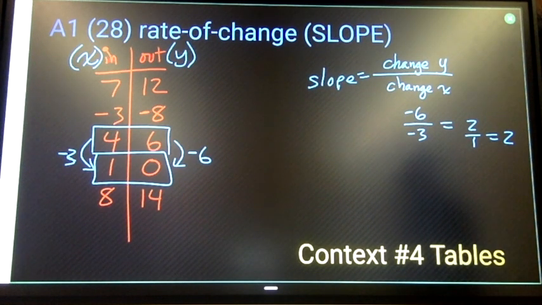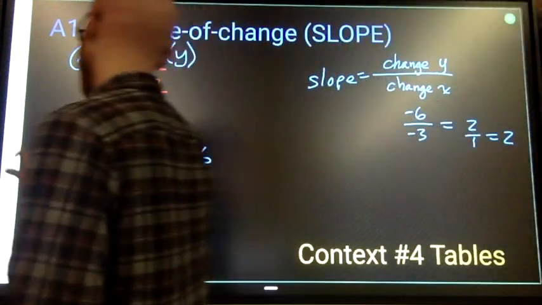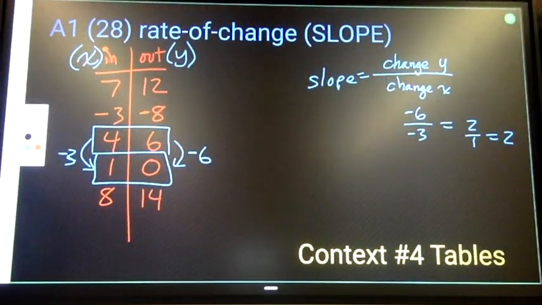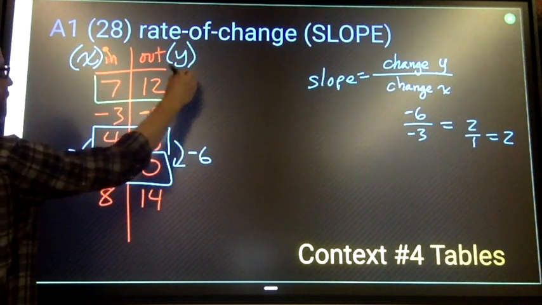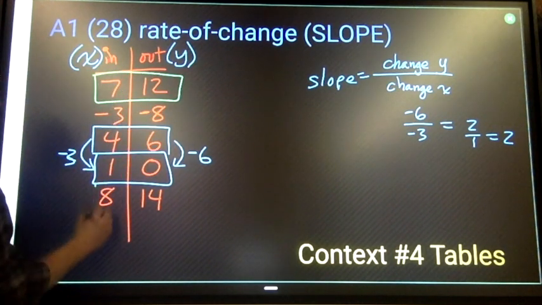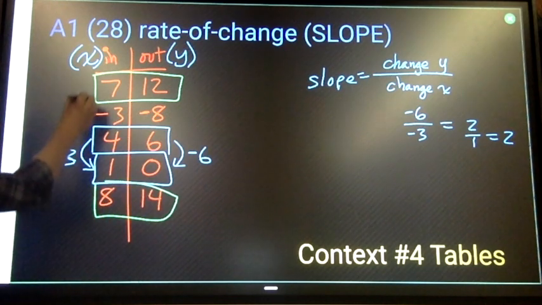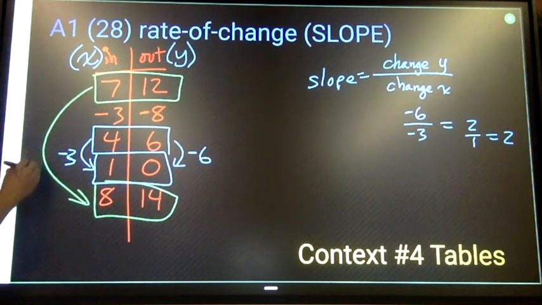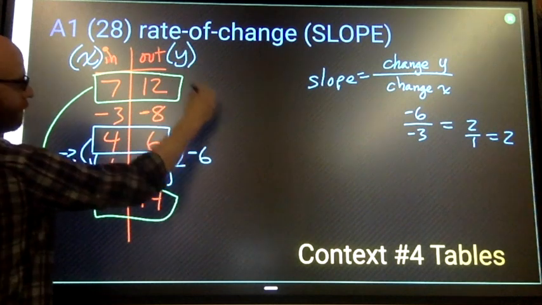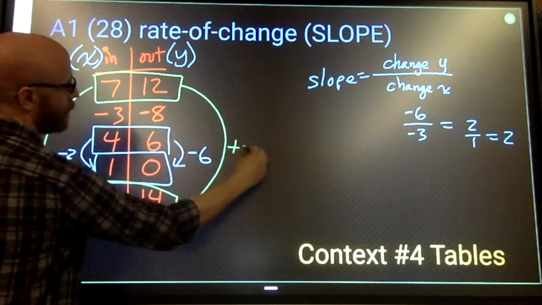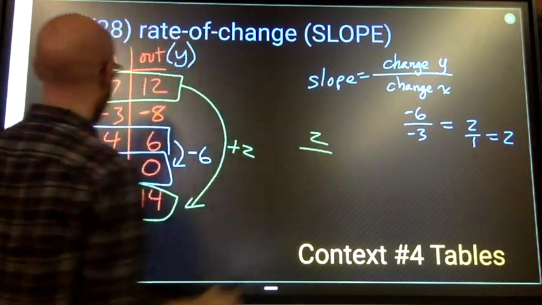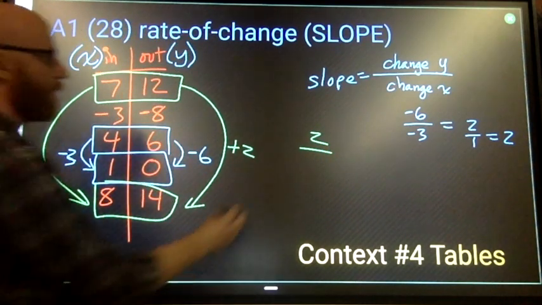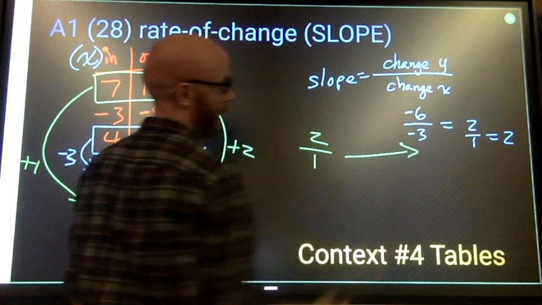Okay, if I had used a different set of rows, and I have a linear pattern, so let's say I used this guy and this guy, from 7 to 8 is up 1, from 12 to 14 is up 2, change of y, 2, over change of x, 1, the same thing.